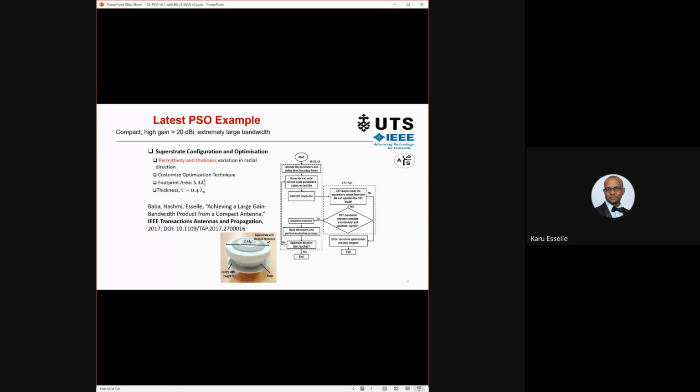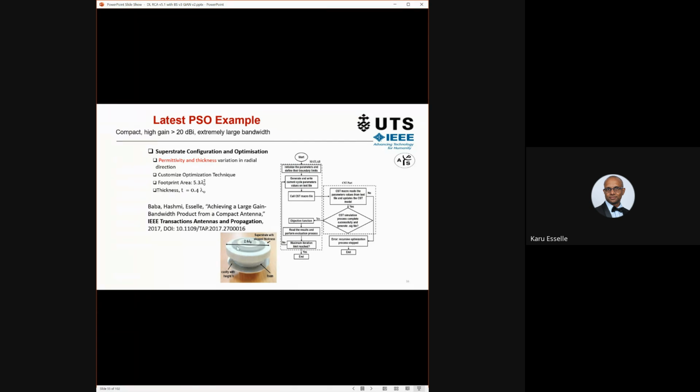This is our best PSO optimization done by my students and postdocs, published in IEEE Transactions, and this was not easy. We wanted to get better than 20 dBi gain from a resonant cavity antenna with wide bandwidth. So we had to do some clever things.